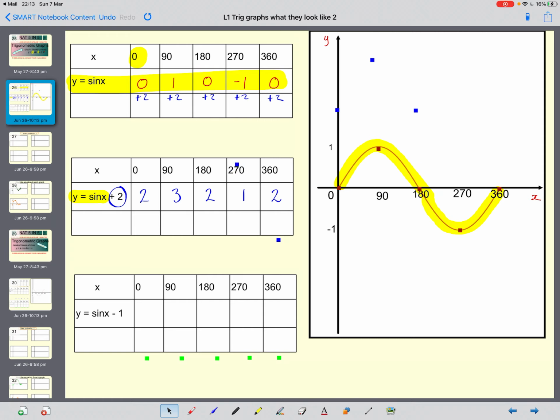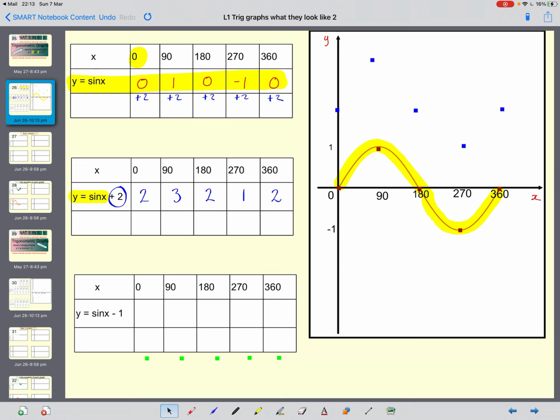This one, 270 along and 1 up. And the last one here, 360 along and 2 up.